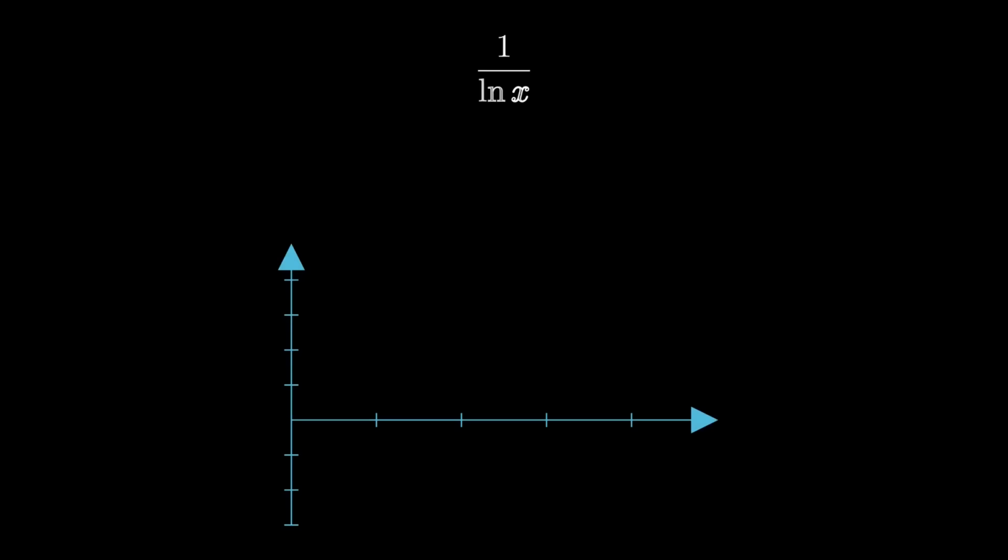For example, there's the logarithmic integral, 1 over ln x, the Gaussian integral, e to the -x squared, Fresnel integrals, sine of x squared and cosine of x squared, the sine integral, sine of x over x, the exponential integral, e to the -x over x, e to the x, ln of ln x, and a special form of the gamma function where we have x to the c minus 1 times e to the -x, where if c is any positive integer, it would be elementary, but if we had c equals 1/2, then we would have the error function, and c equals 0 would be written in terms of the exponential integral.